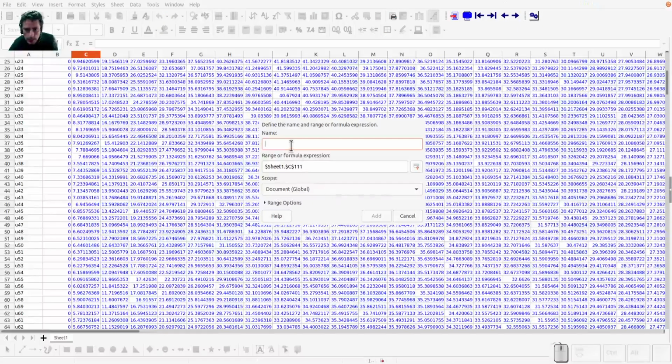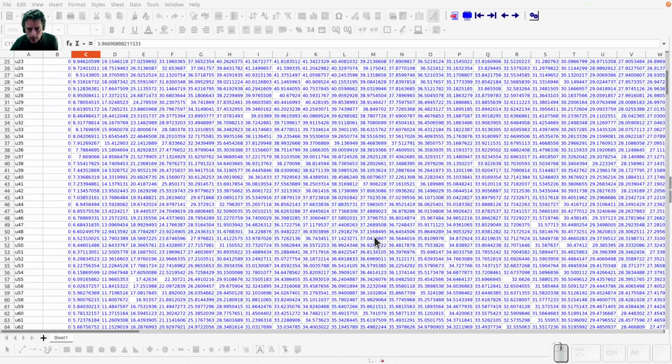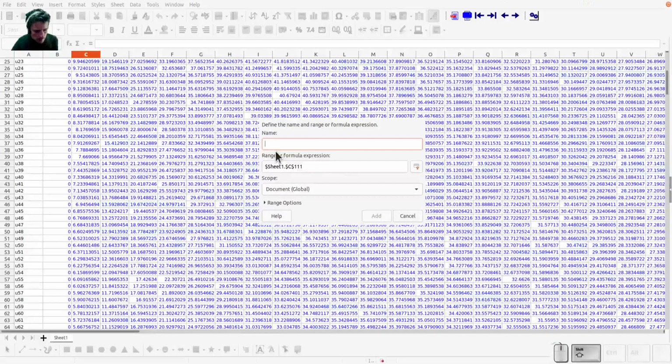So we will add R, which we said was 0.30116. We know that delta Z was equal to 0.1.